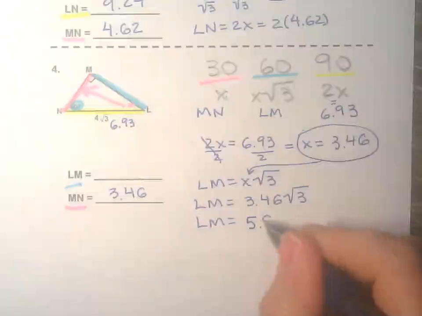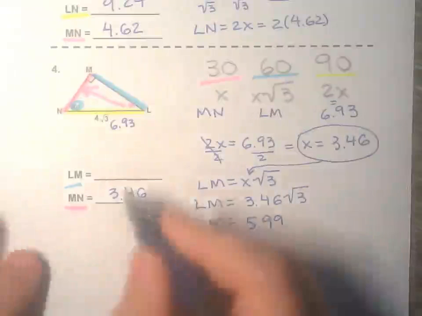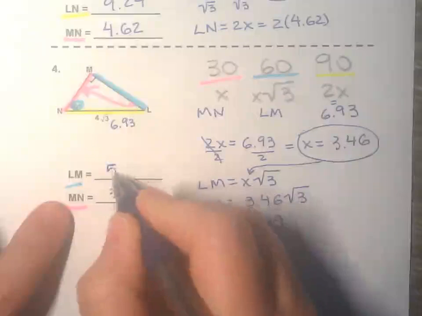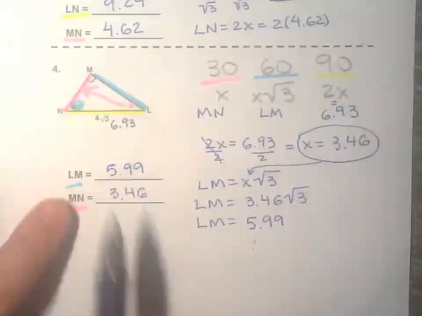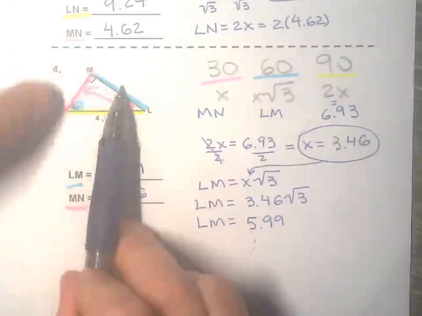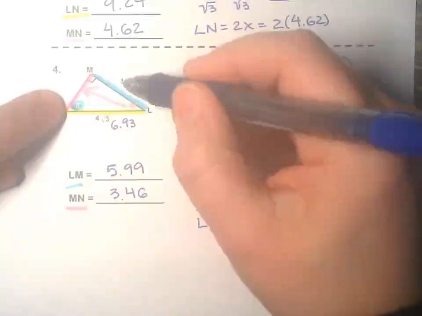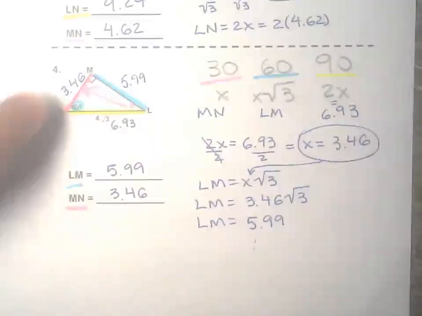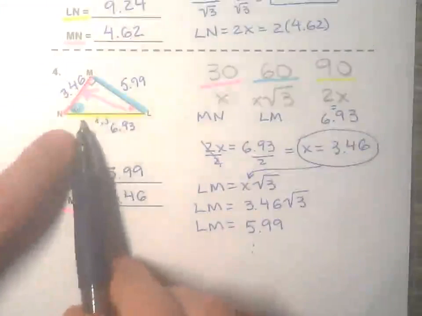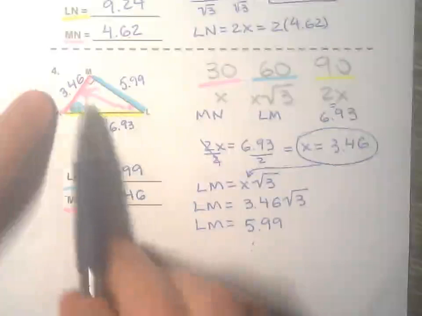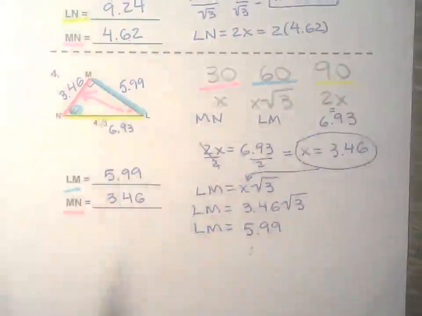Sounds like a price. Okay, so 599, that's the long leg. 346 is the short leg. Okay, hypotenuse is the longest of them all. Short leg, long leg. These are all the notes.